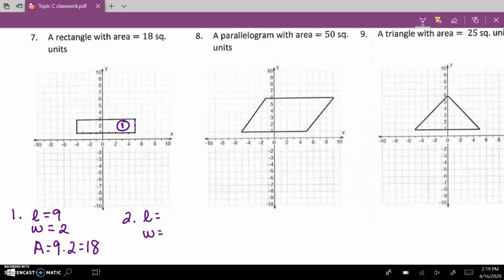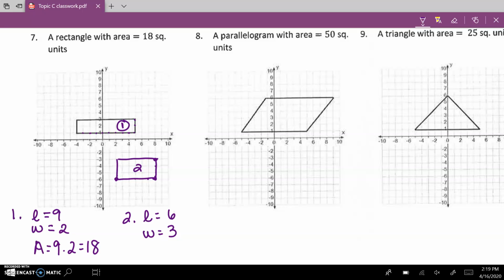You could also use 6 and 3. Then they want you to draw it, so you can put it anywhere on the graph. If you start here, you count over 1, 2, 3, 4, 5, 6, up 1, 2, 3. So here's a second rectangle that would have the same area.